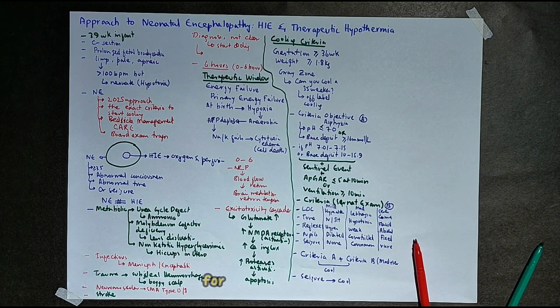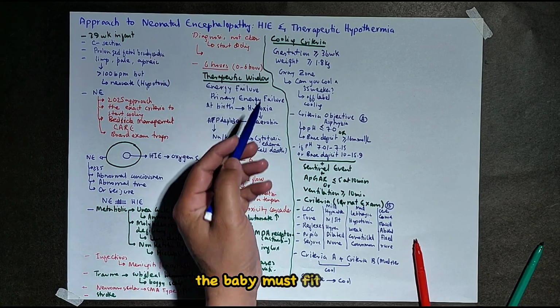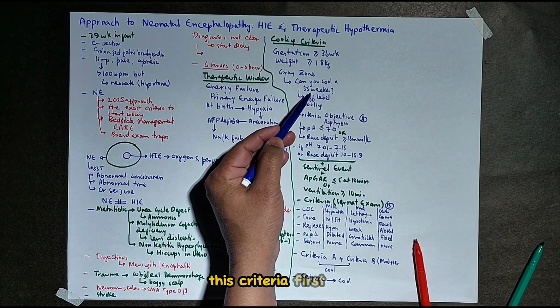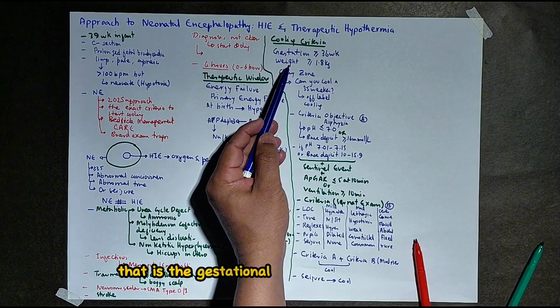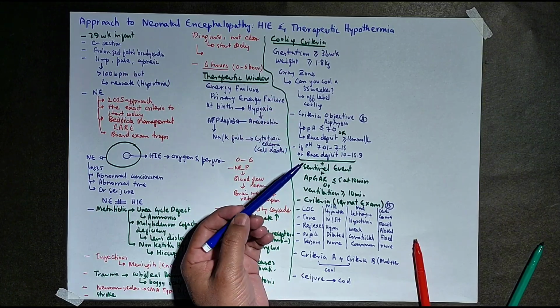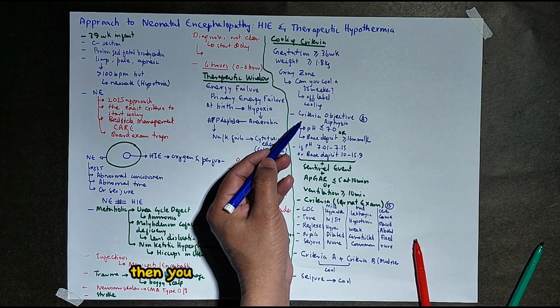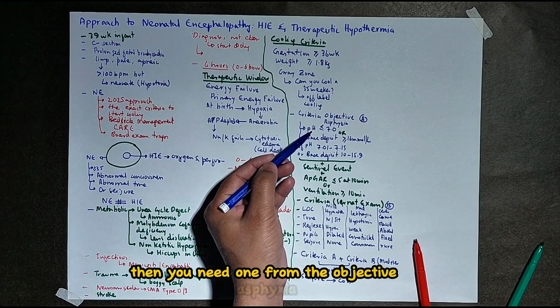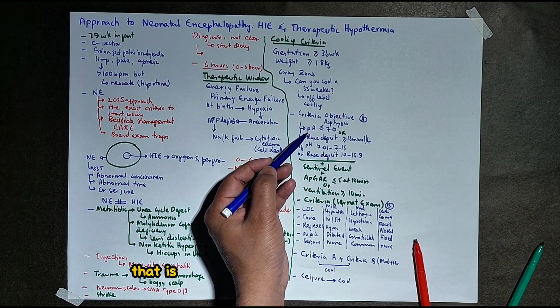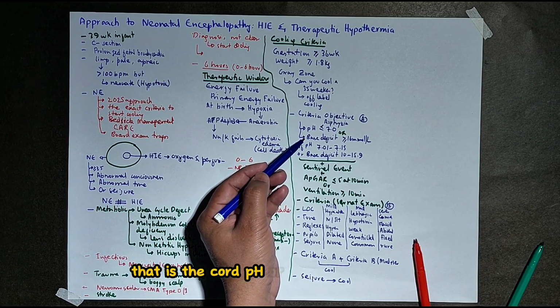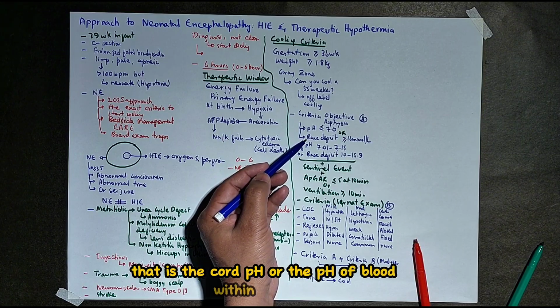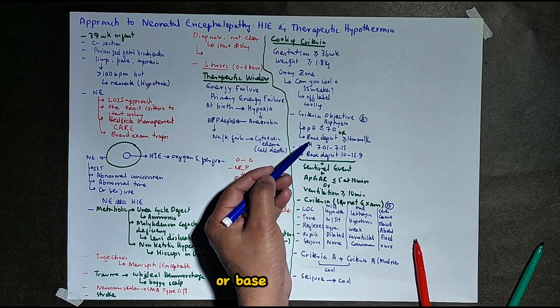So, for cooling criteria, the baby must first fit the gestational age and weight criteria. Then you need one from the objective asphyxia, that is the cord pH or the pH of blood within 1 hour, or a base deficit.